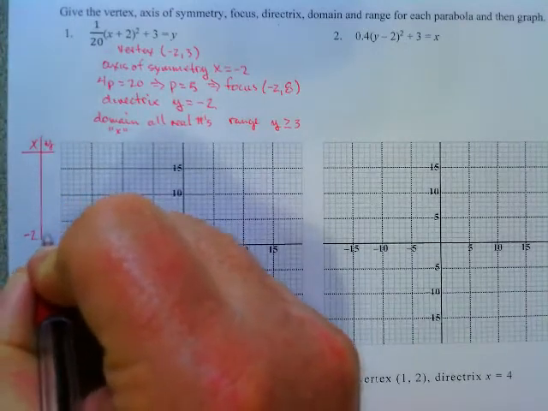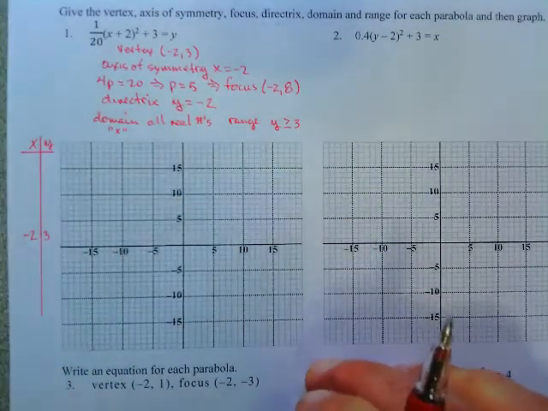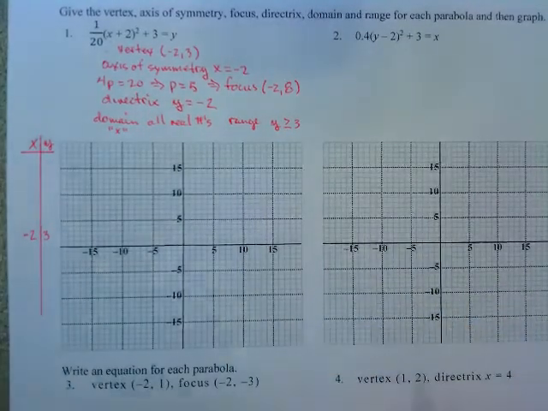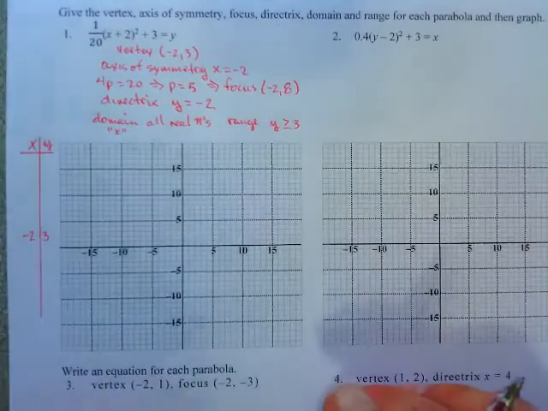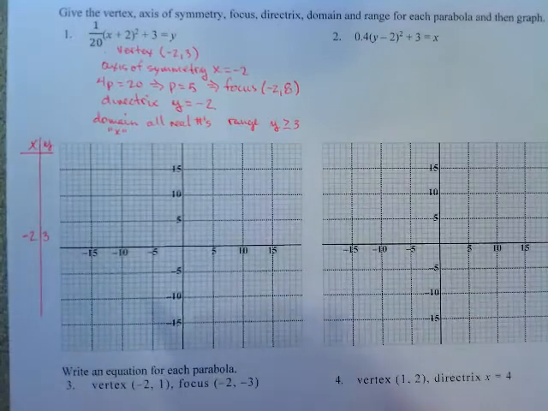So I'll go ahead and put that in the middle. Now, because of that 1 over 20, this thing is not going to go up very fast. It's going to be much shallower than a typical parabola that we've dealt with. So I'm going to move over a few each time.